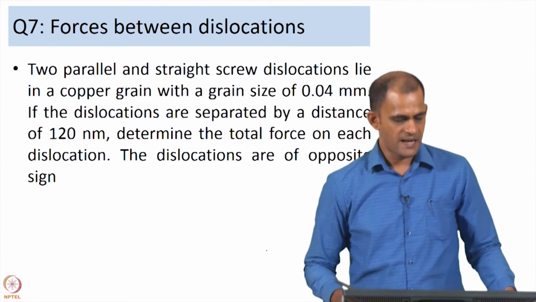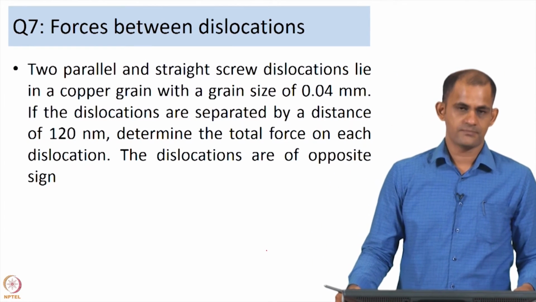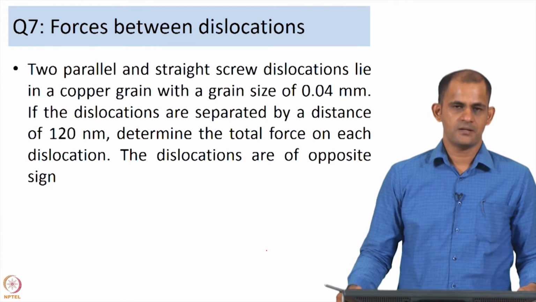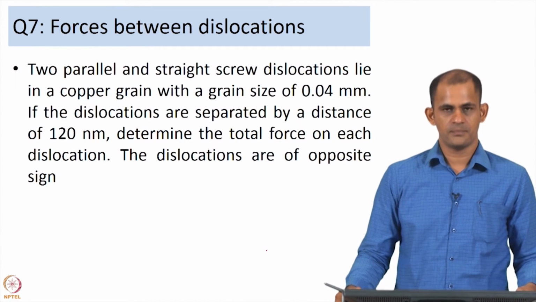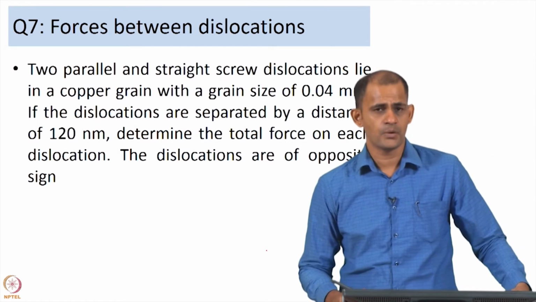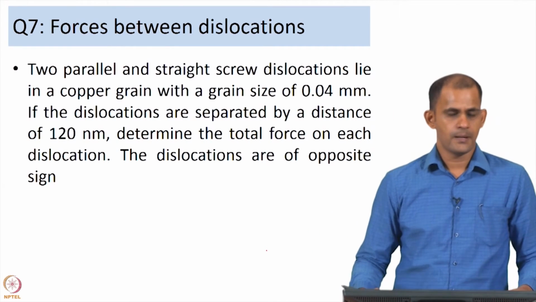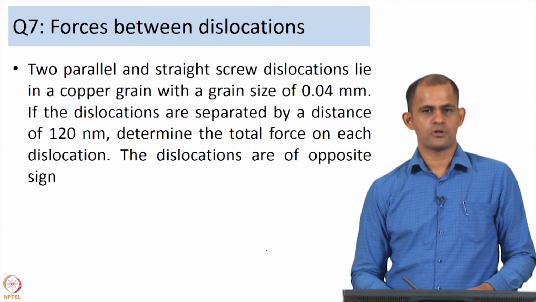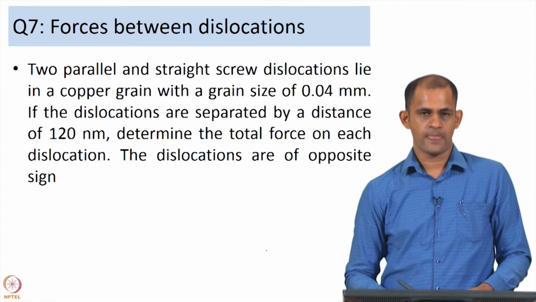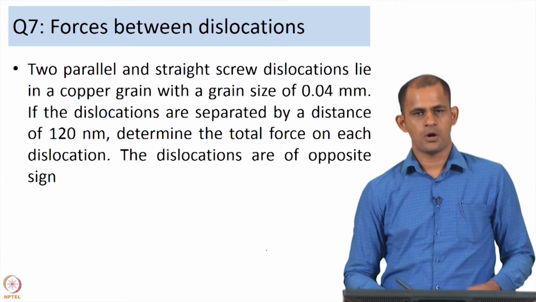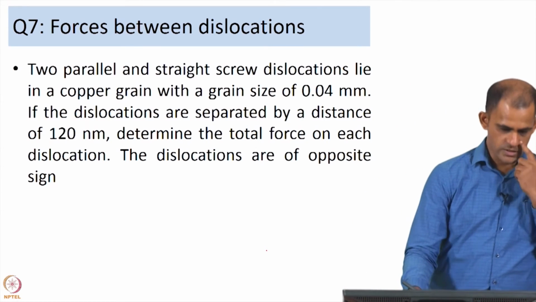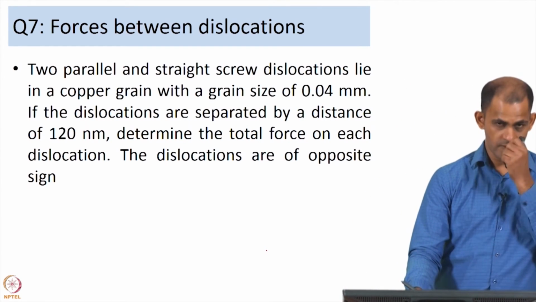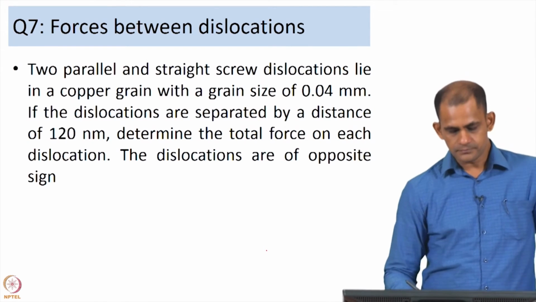You have two parallel and straight screw dislocations present inside a copper grain with a grain size of 0.04 millimeter, and the dislocations are separated by a distance of 120 nanometer. Determine the total force on each dislocation if the dislocations are of opposite sign. So, the question is to determine the force acting between the dislocations.